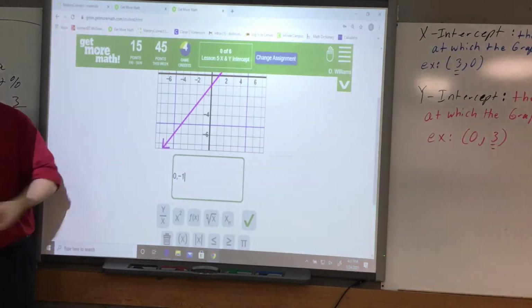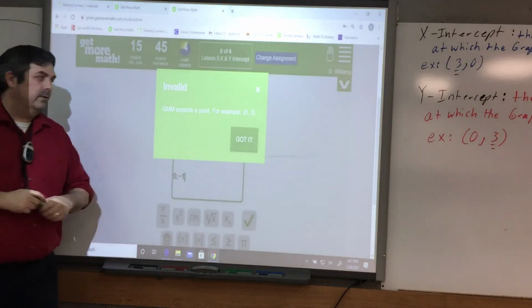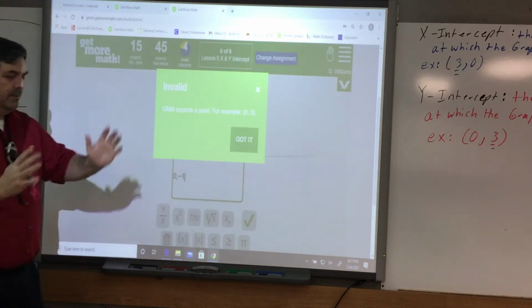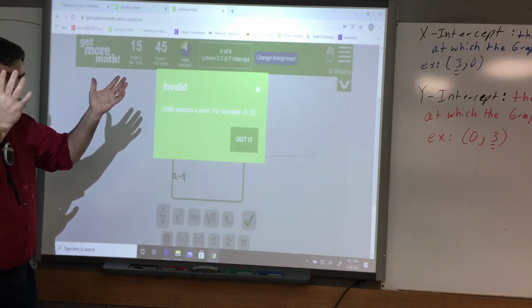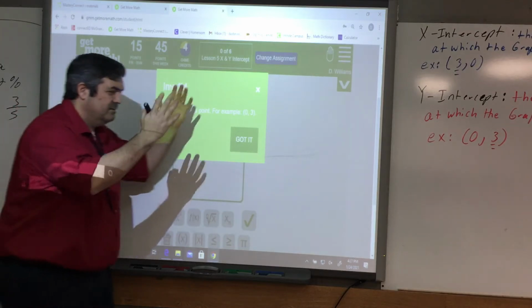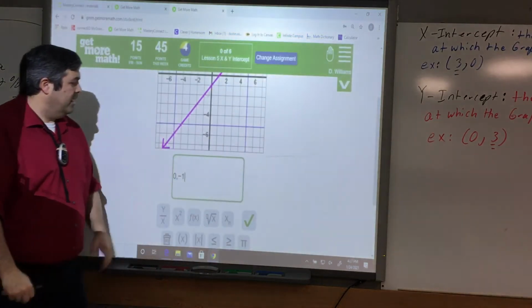When I do this, everybody's gonna look and go, hey, there's a point, 0, -1. No. You should have these written with parentheses, rounded. You gotta have parentheses around those.